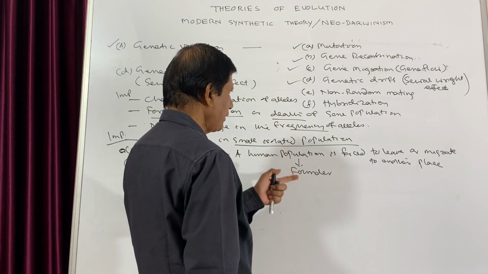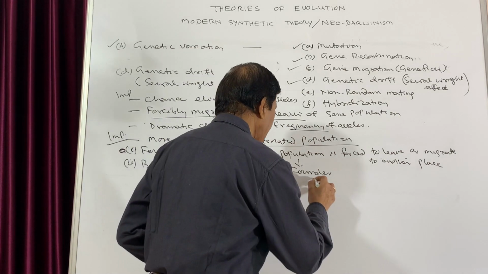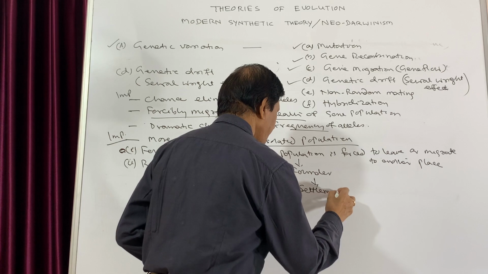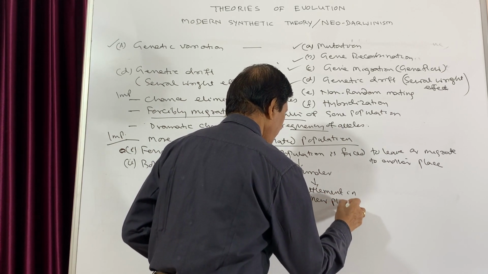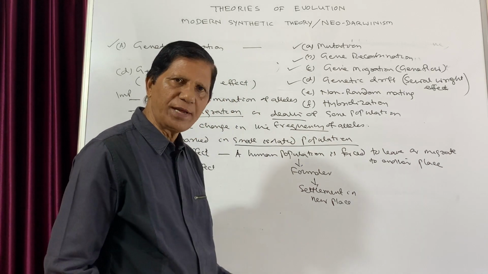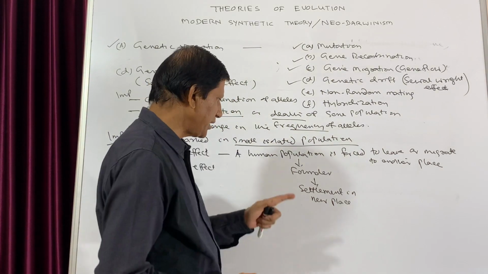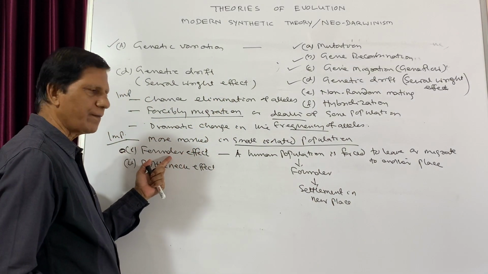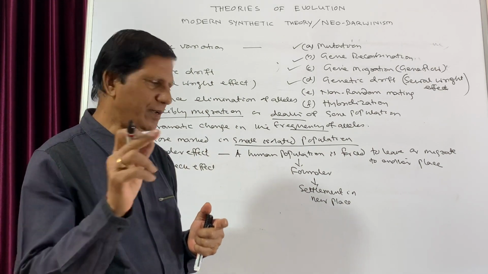Now what will happen to these founders? Whenever they settle in a new place, the allelic constitution of this new settlement will be completely different from the original one. That is known as the founder effect. That is very important.